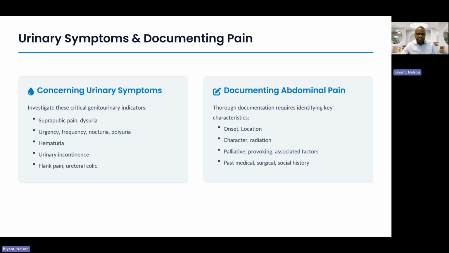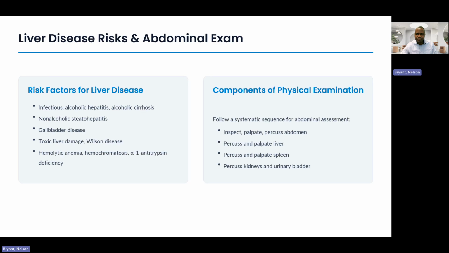So when documenting abdominal or urinary pain, use your OLD CARTS mnemonic, which is very important to provide necessary context for differentiation. But you can also gather past medical, surgical, or social history to help you come up with an accurate diagnosis.